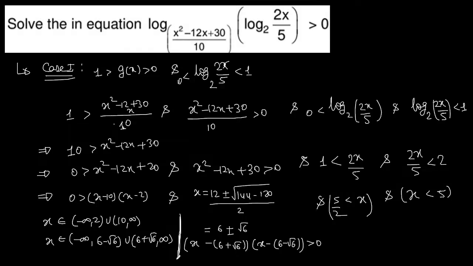Now what will happen? We'll take and of everything. So this is 6 minus 2 point something, 4. So this will be the better one. This is 4. So if you take it from here, x belongs to 5 by 2 to 6 minus root 6.